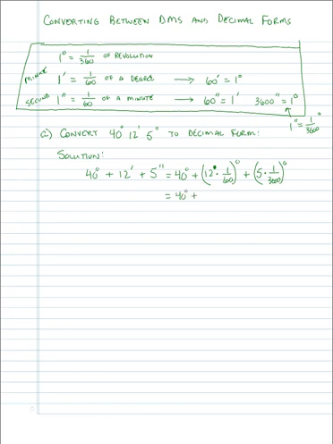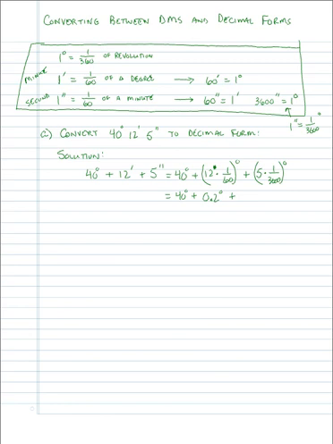40 degrees, 12 times 1/60 is 12/60. And we could simplify that, but we want to convert it to a decimal. And when we do, we get 0.2. So that's the number of degrees that 12 minutes is. And then here we have 5 times 1/3,600.